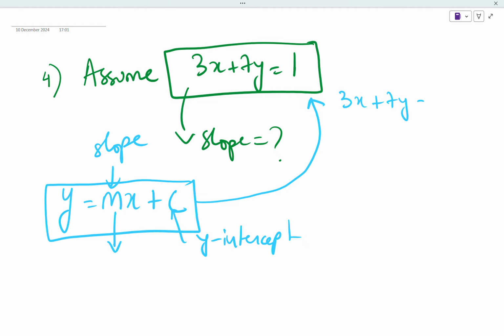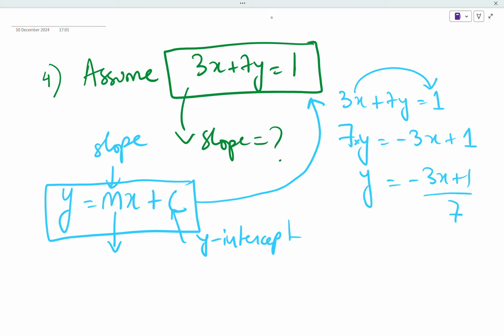3x plus 7y equals 1. What I'll do is take 3x to that side, so it will become 7y is equal to minus 3x plus 1. Then I'll put 7 in the denominator because it is multiplied here. Anything which is multiplied on one side, when it goes to the other side, becomes divided. So y is equal to minus 3x plus 1, all over 7. Post which I'll distribute this 7 equally between the 1 and the minus 3x, so it will become something like this.